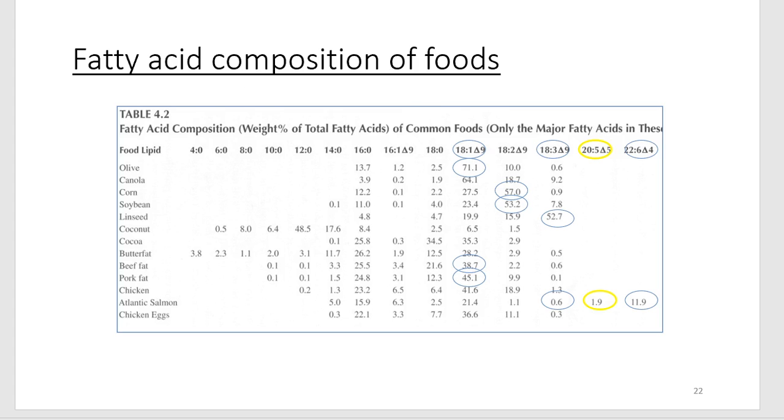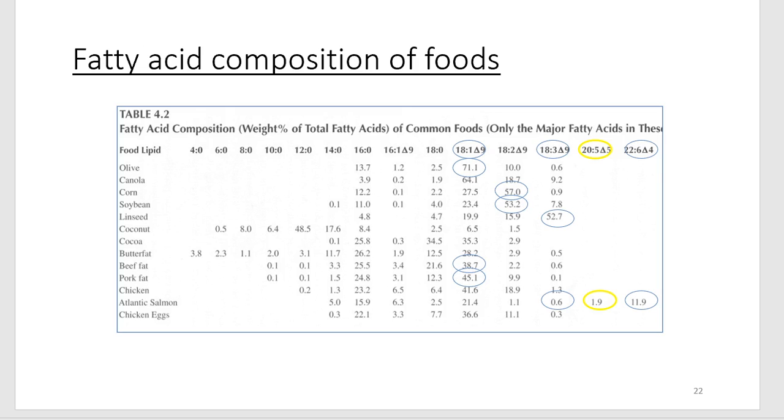So oils and fats vary widely in fatty acid composition. Vegetable lipids predominantly contain unsaturated fatty acids. Most vegetable oils primarily contain carbon-18 series fatty acids. Olive oils and canola oils are high in oleic acid, which is 18 carbons, 1 double bond.